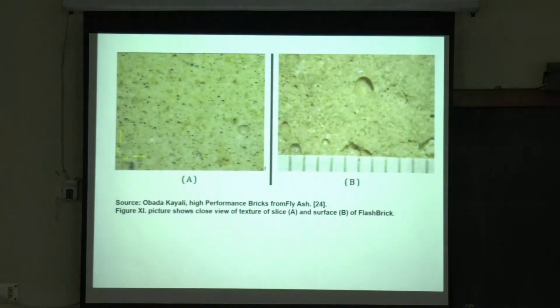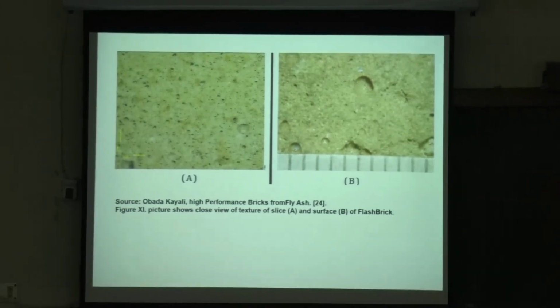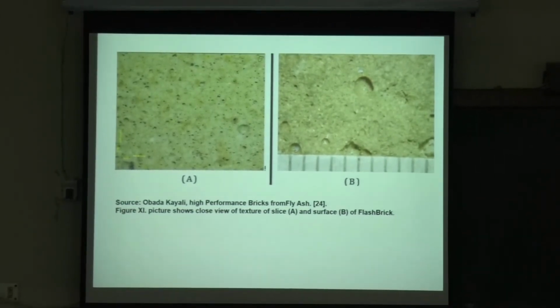This is where figure 11 shows close view texture of slice A, surface B of the fly ash bricks. Now it has given a scale bar. Okay, this is not an SEM picture. I first thought SEM, but here they have given a scale bar. So most likely the scale is in millimeter. Here you can see, both of them are the same scale.